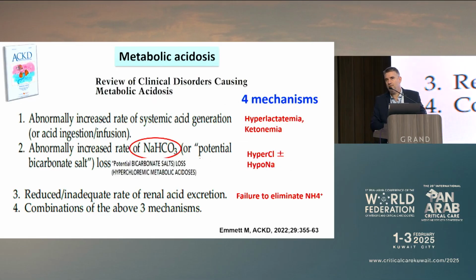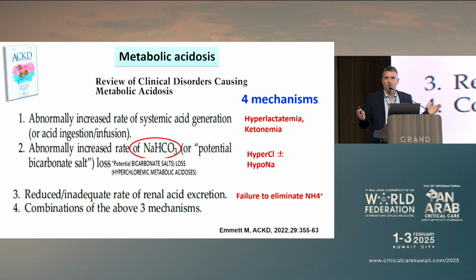In fact, when you have a metabolic acidosis, you have only 4 mechanisms. In fact, just 3, and the 4th is the association of different mechanisms. You may have hyperlactatemia or hyperketonemia or some undosed anions.